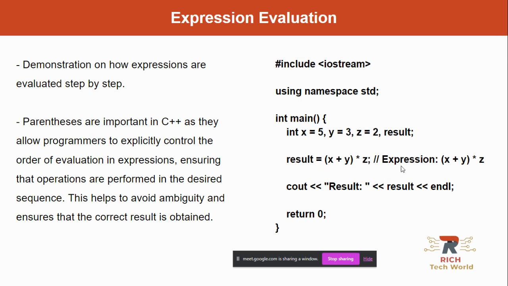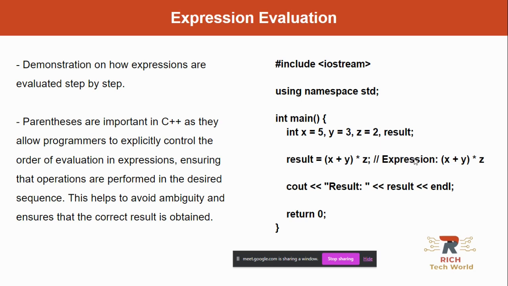The expression you see here is what we call a comment in programming. You could see here we have two backslashes, and then we wrote this expression x plus y. All these things you see here are a comment. A comment is just explaining what is on that line, right?